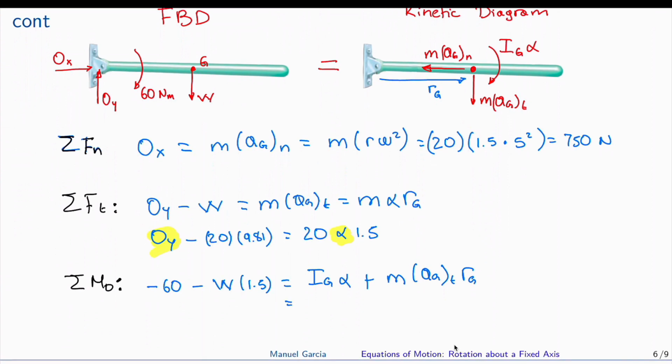And so we can replace for the value of the tangential acceleration. So this is equal to Ig multiplied by alpha, which is unknown, plus the mass, and Ag is the tangential acceleration, which is equal to alpha times Rg, and multiplied by Rg.